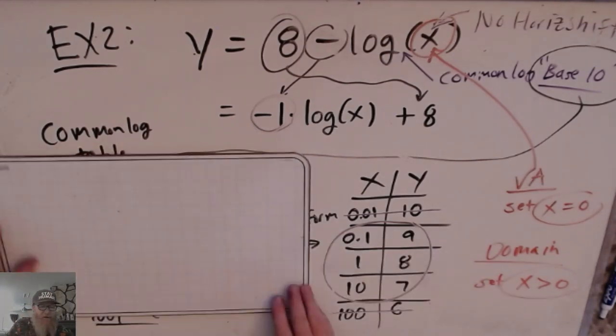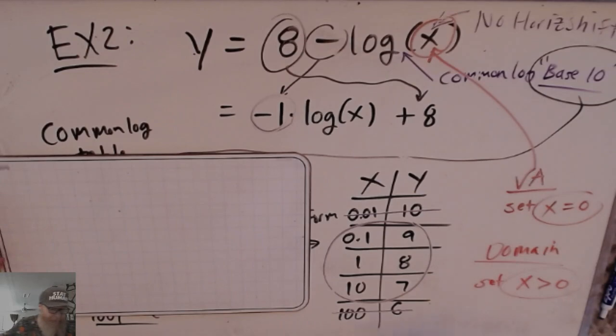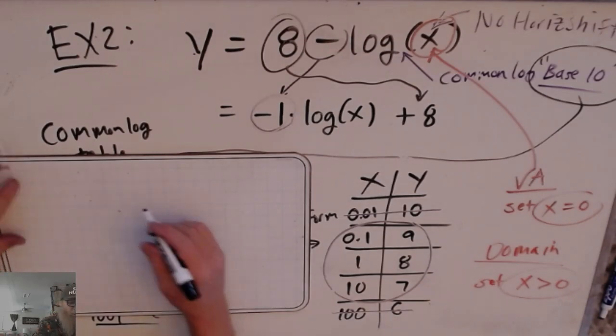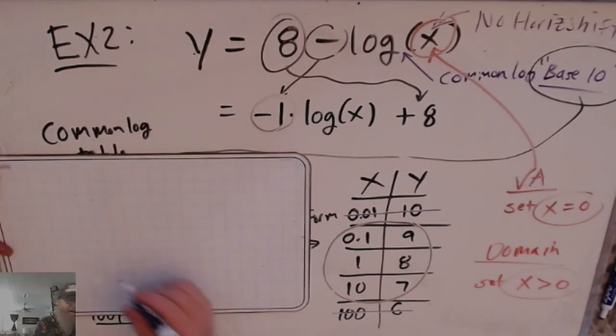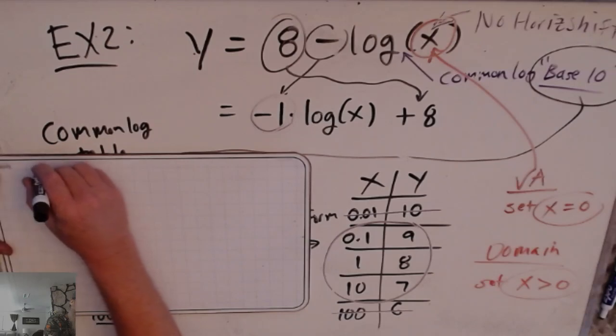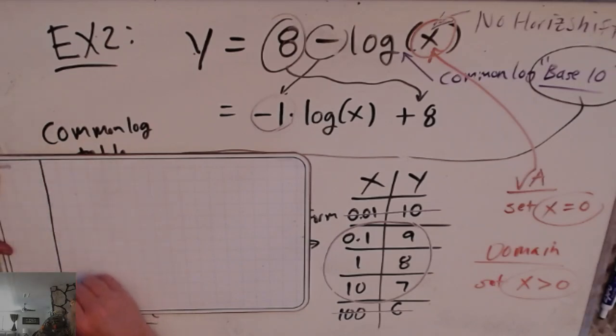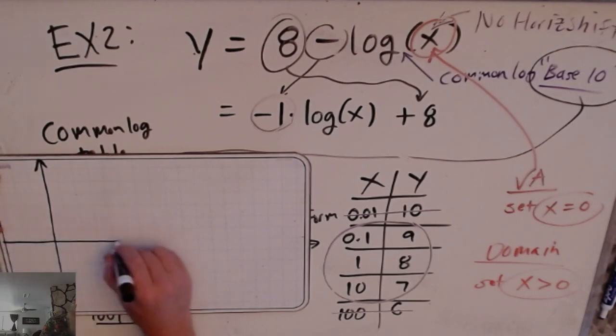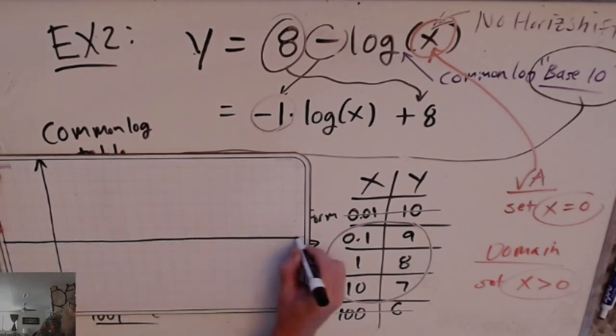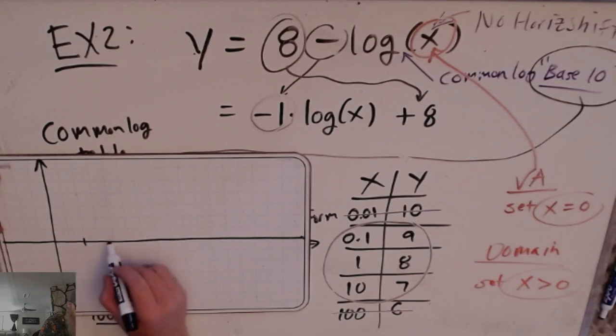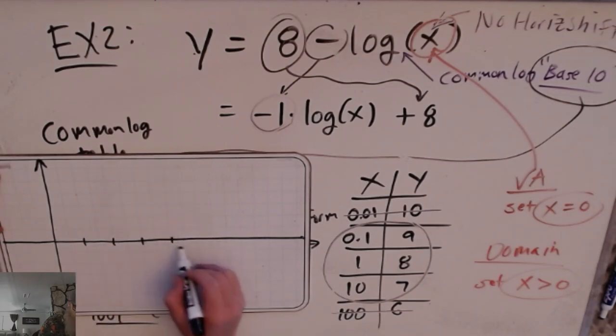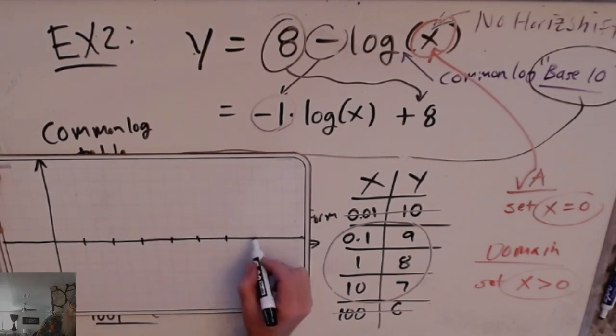So on my graphing board, this time I'm going to count by ones because I've got to go all the way to 10. I don't think I can do it if I count by twos.